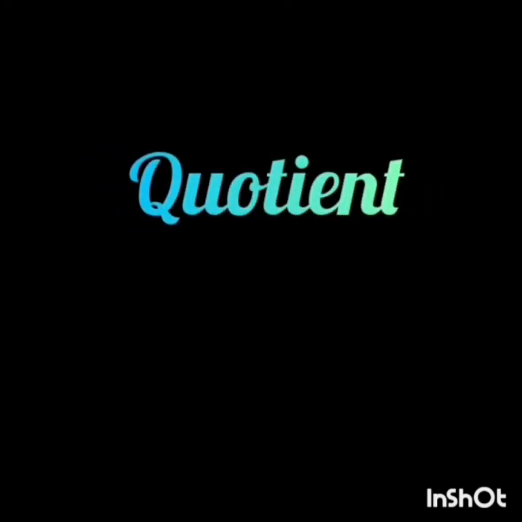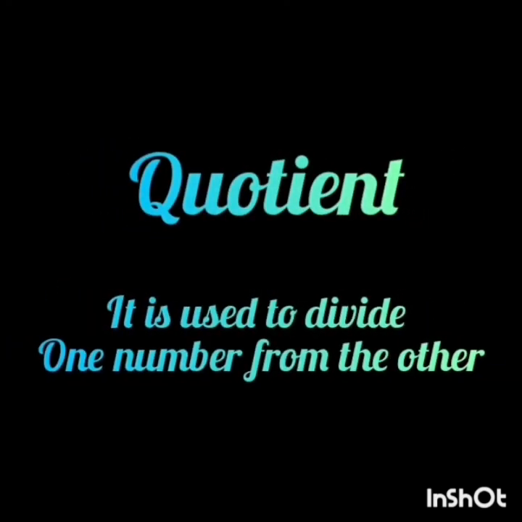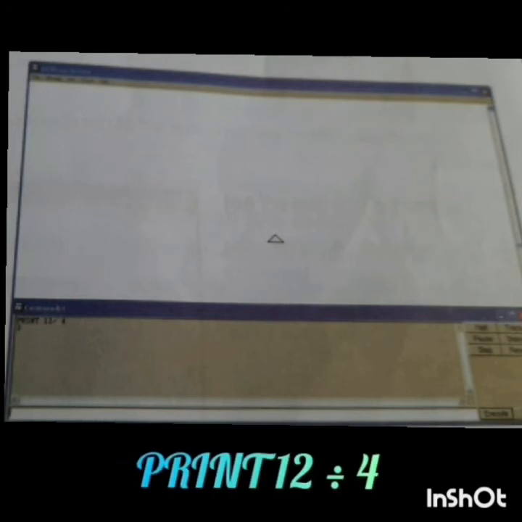Next, quotient. The quotient command is used to divide one number by the other. For example, print quotient 12 and 4. Alternatively, you can use the following command, print 12 divided by 4. The output is displayed in the recall list box.